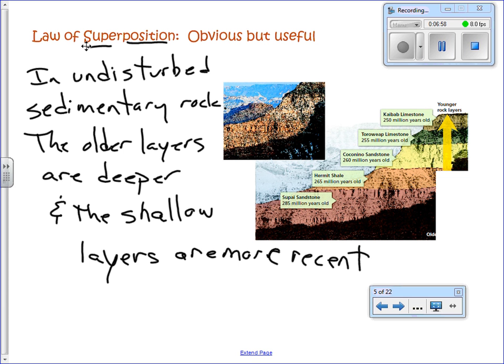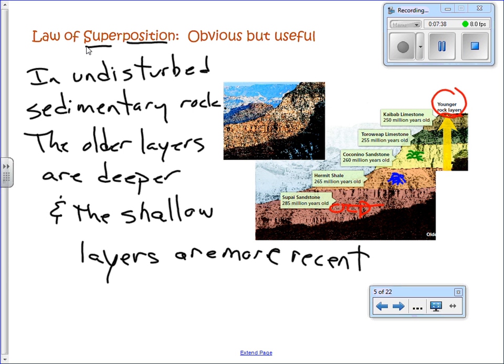Now again, this is absolutely obvious. So what that's saying is that these layers down here are older than these layers up on the top. Young rock layers, old rock layers. But again, much like uniformitarianism, it's very obvious, but the fact that scientists agree on this, not just as a hypothesis or a theory, but as a law, then we can say, oh, well, I found a fossil of some sort of very strange spider here that I know is newer than the trilobite fossils I found here.